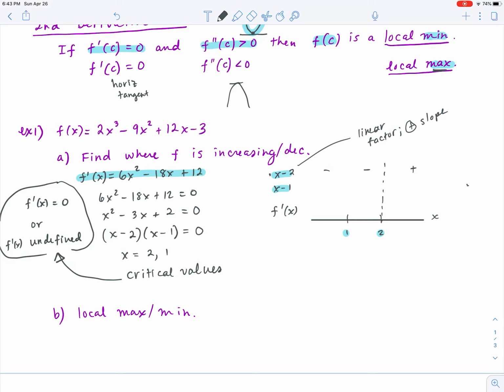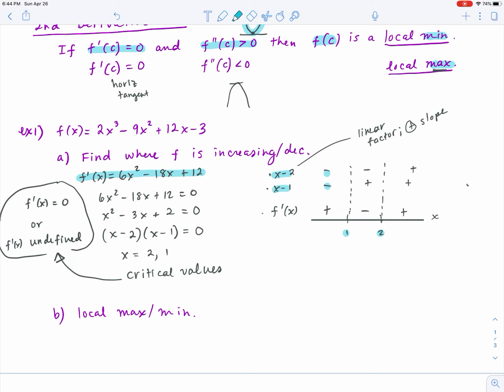X minus 1, similarly, it's 0 here at 1. So before that it's negative and after that it's positive. And f prime comes from the product of these two. So we're going to have a negative times a negative. Let me erase that dot. The negative times a negative, and we're going to get a positive. Here we'll get a negative, and here we'll get a positive.